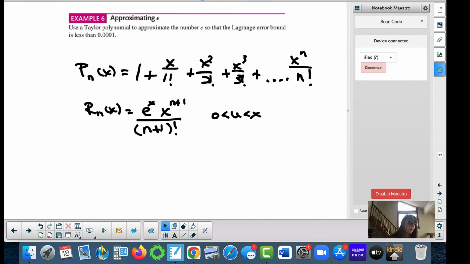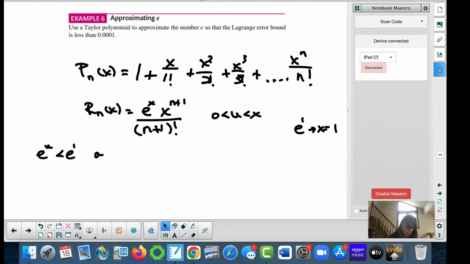is going to be between 0 and x, and if we want e, we're trying to figure out e, that's the same thing as e to the 1. So x is equal to 1 there. So e to the u is less than e to the 1 because u has to be less than x.